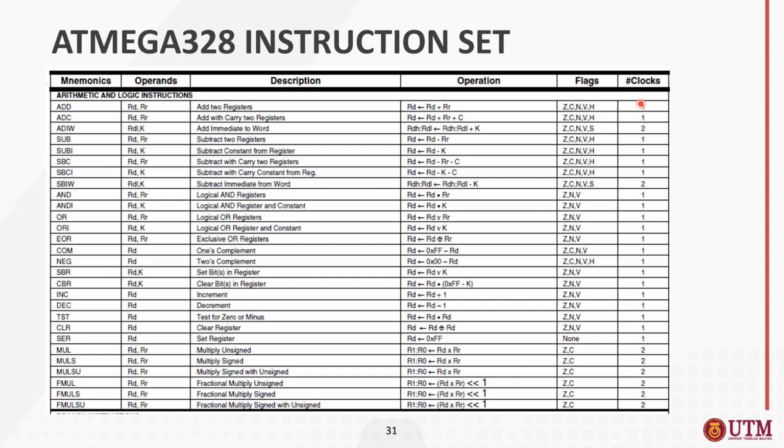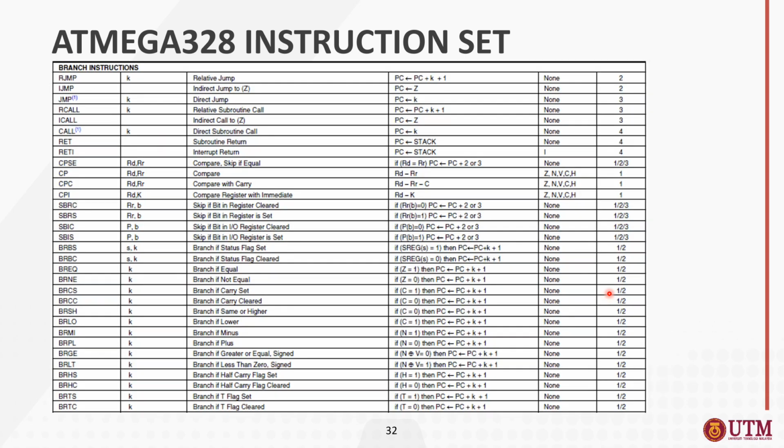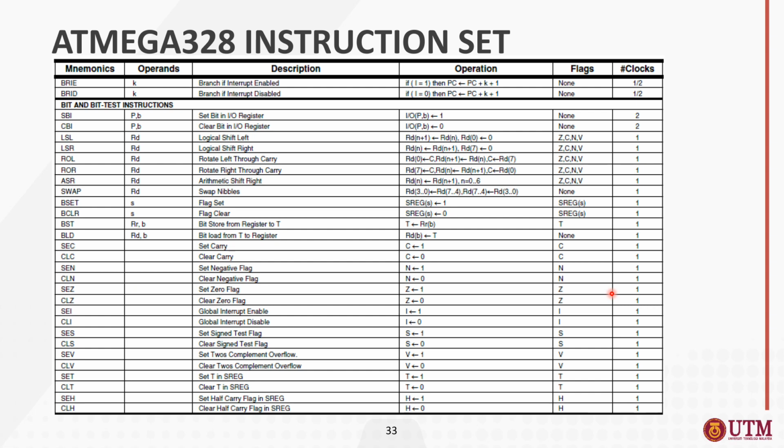It only requires one clock cycle to operate. That is for this first mnemonic. When we go to the next one, as you can see here, the next example is global interrupt enable. Global interrupt enable will store 1 to the operand I here.